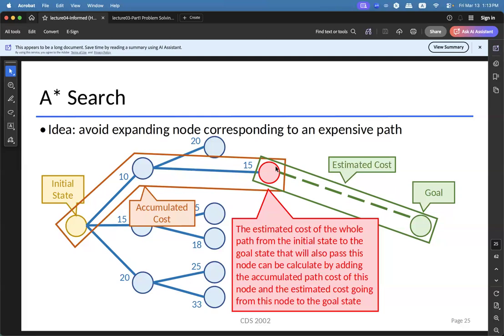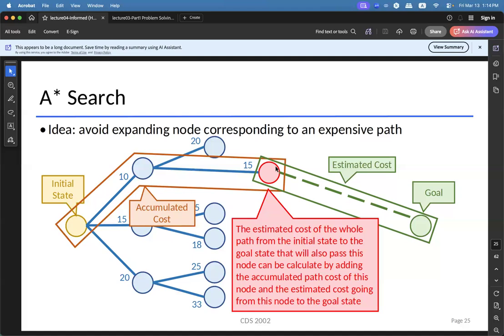Okay? So by using that estimation, combining with the terminal node's original path cost, I can actually calculate the overall estimated cost starting from the initial state to the goal state.